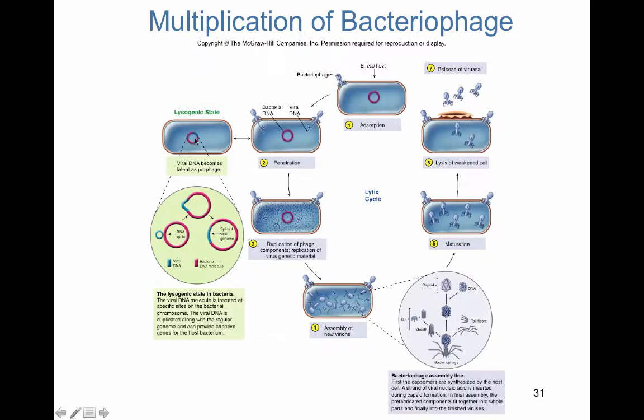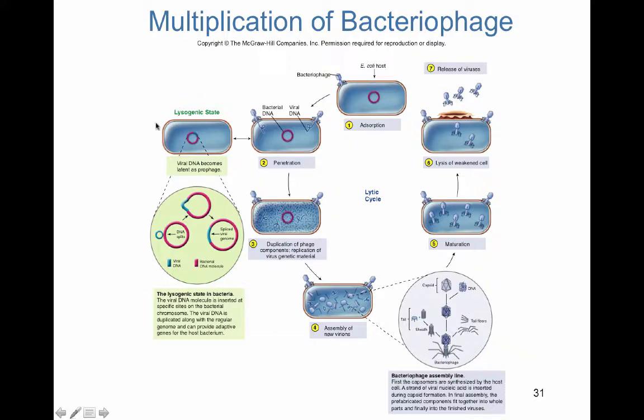bacteriophage in the chromosome. And what I will say is this lysogenic cycle has allowed some bacteria to become more pathogenic or more highly disease-causing than others. So diphtheria, for example, has a toxin that is produced, the bacteria that causes diphtheria has a toxin in its bacterial chromosome that was introduced by a bacteriophage.